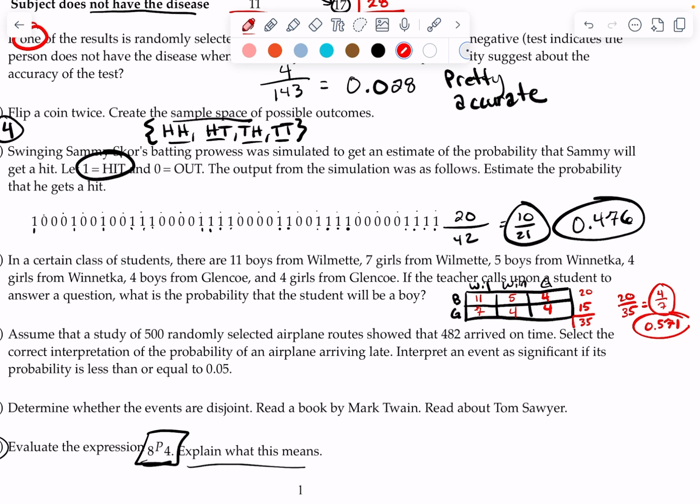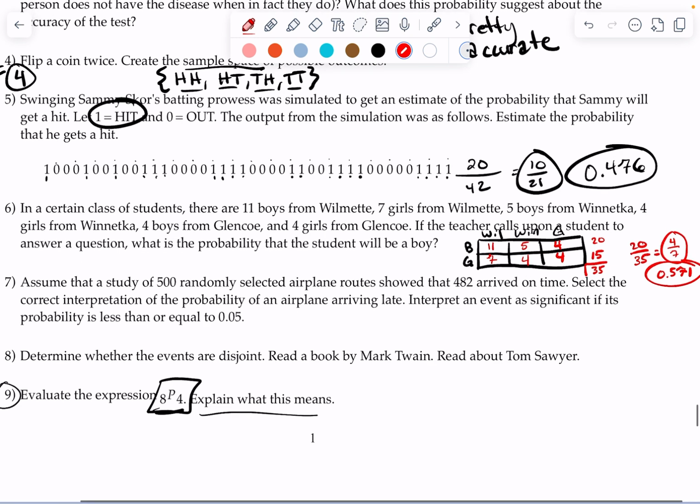Assuming that a study of 500 randomly selected airplane routes shows that 482 arrive on time, select the correct interpretation of the probability of an airplane arriving late. Interpret this event as significant if the probability is less than 5%. So, probability of on time equals 482 over 500. 482 divided by 500 is 0.964.